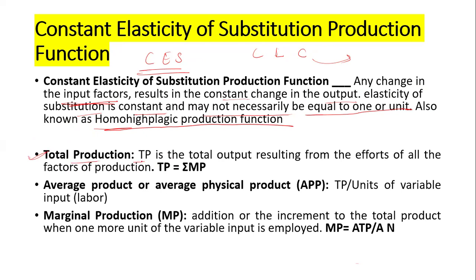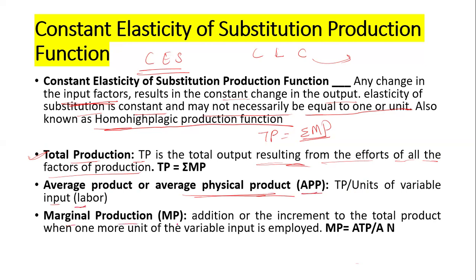Now the next one is total production. Total production, TP, is the total output that results from the efforts of all the factors of production. To calculate total production, total product is equal to the summation of the marginal products. Then the average product, or average physical product, APP, is the total product per unit of the variable input, the labor.